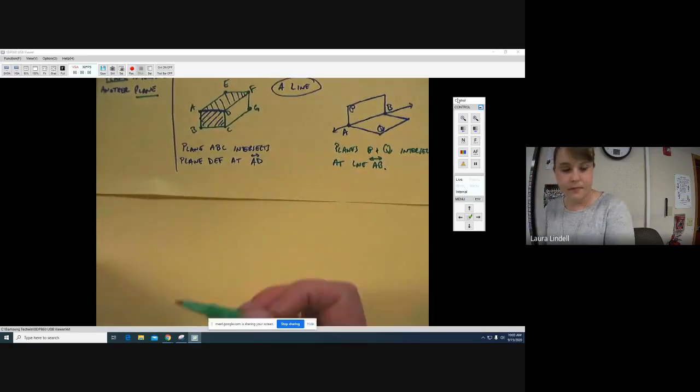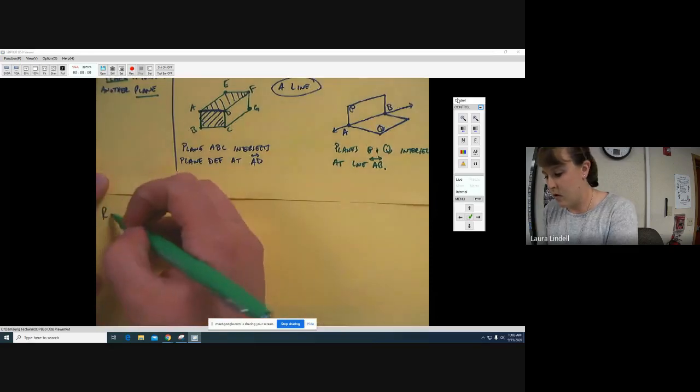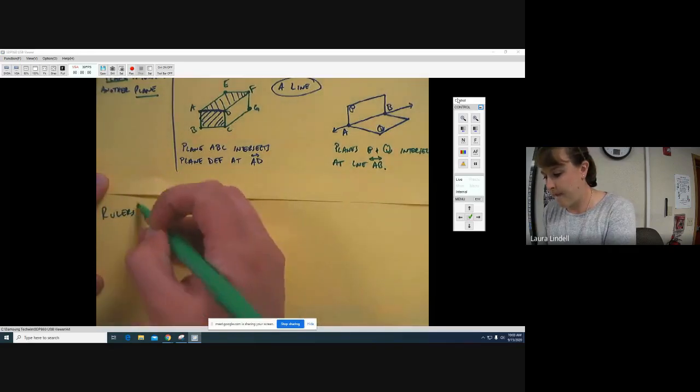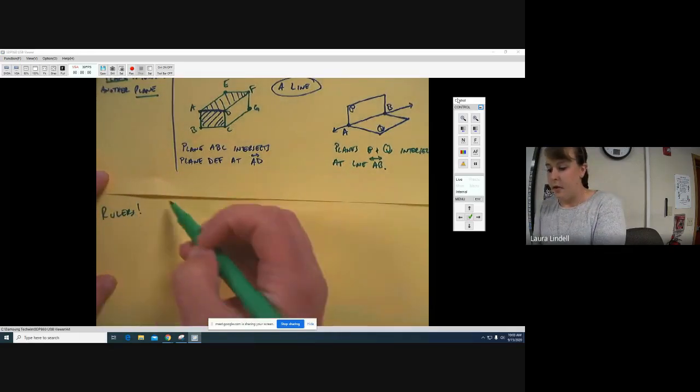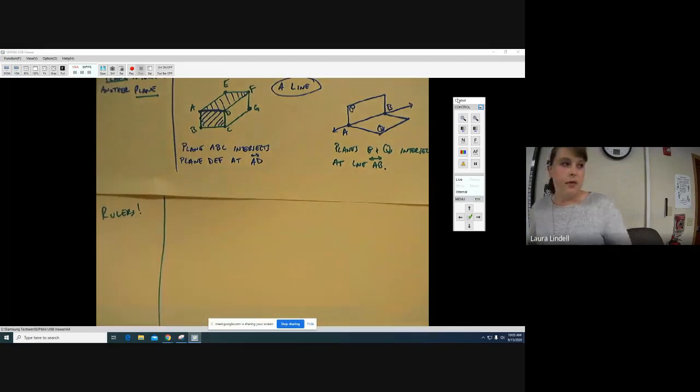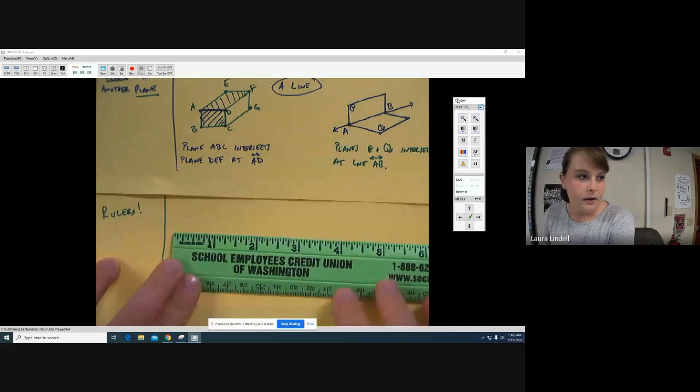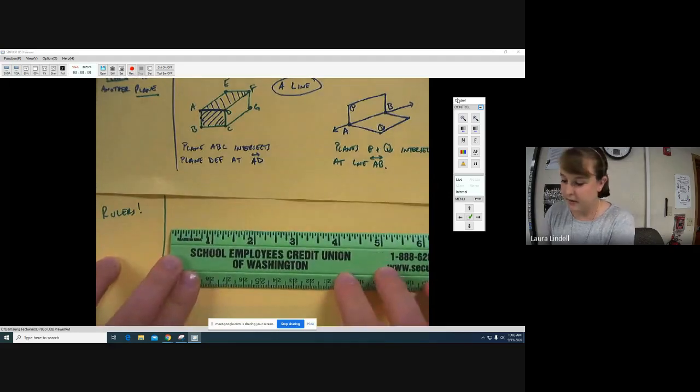If you have a ruler with you, great. If you don't have a ruler, that's okay. I'm going to put one up on the screen here. There's two different units on most rulers. We've got inches and we've got centimeters. So let's talk about inches first.